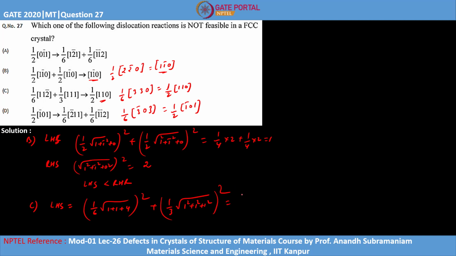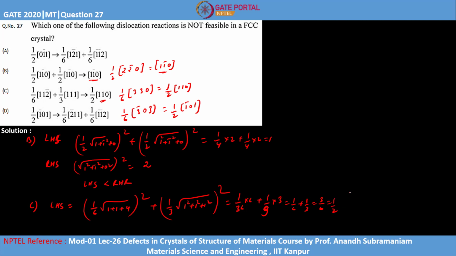So it will be equal to 1 upon 36 into 6 plus 1 upon 9 into 3. So simply it will be 1 plus 6 upon 1 plus 3, which will be equal to 3 upon 6, right?